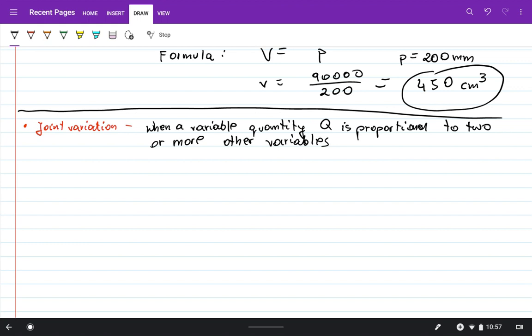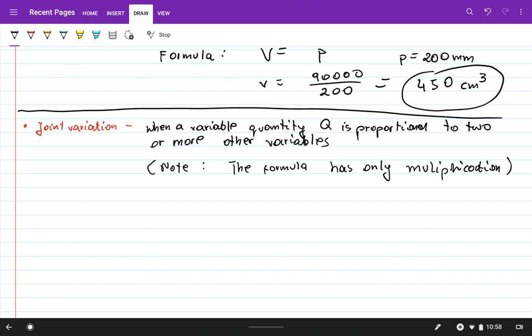So joint variation is similar to direct variation. The formula has only multiplication, which is the product of all the variables. There is no division in joint variation.